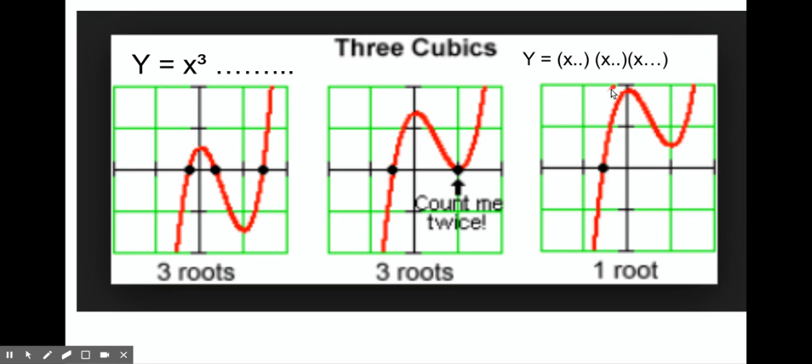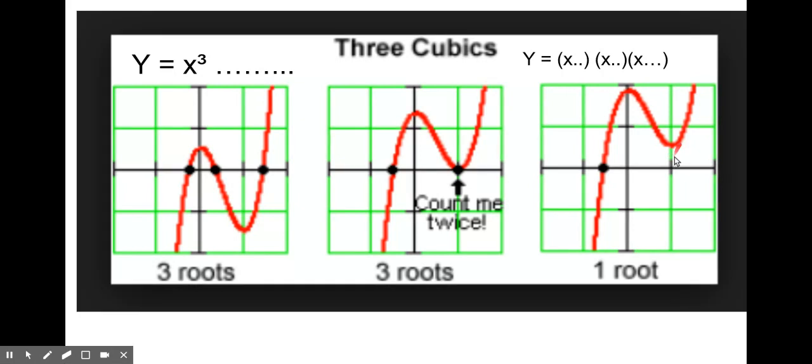And then this one, we're not going to talk about a whole lot, but I did want to just mention it, once or twice. This has 1 x-intercept, and then it didn't touch again. So that means that you have 1 real root or 1 real x-intercept. You do have 3 solutions, though. It just means that this is the only real solution.